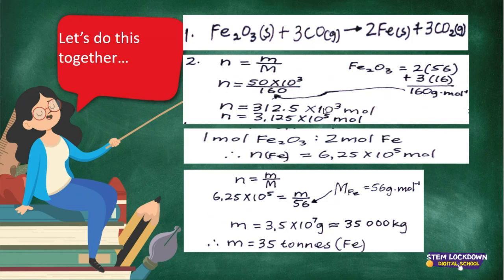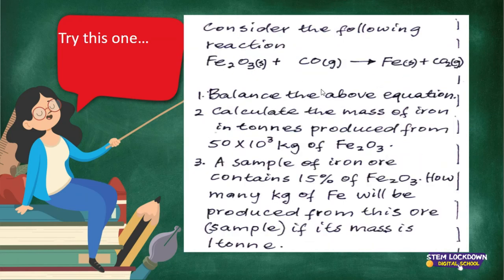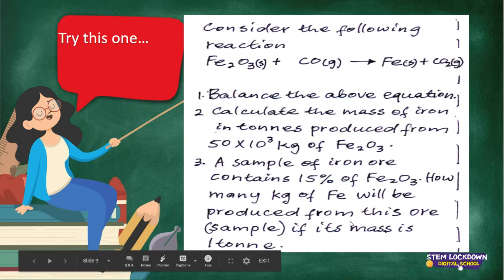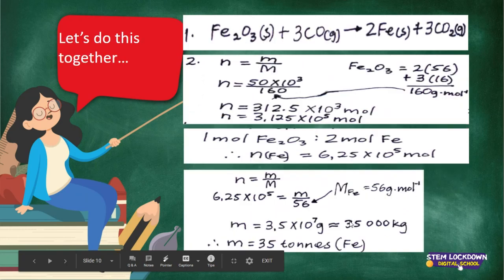Now, the second question was to calculate the mass of iron in tons that will be produced from 50 times 10 to the power 3 kilograms of iron 3 oxide. This is how you are going to do it.